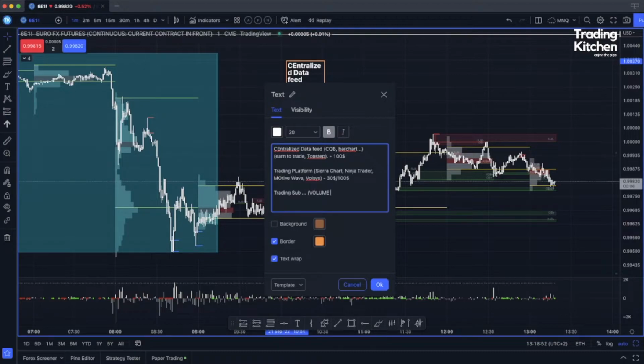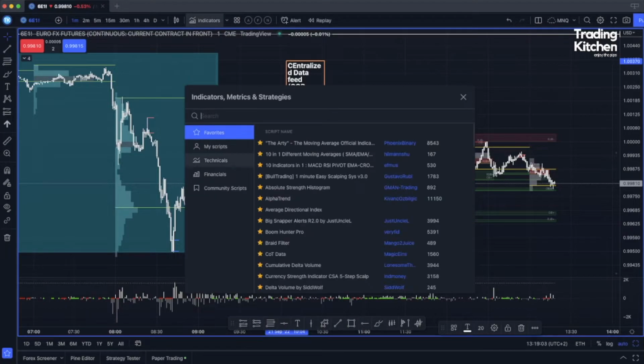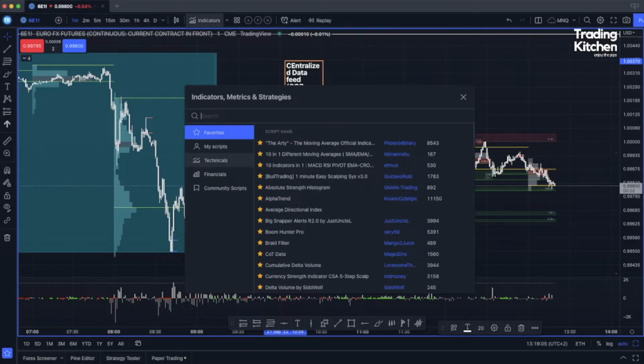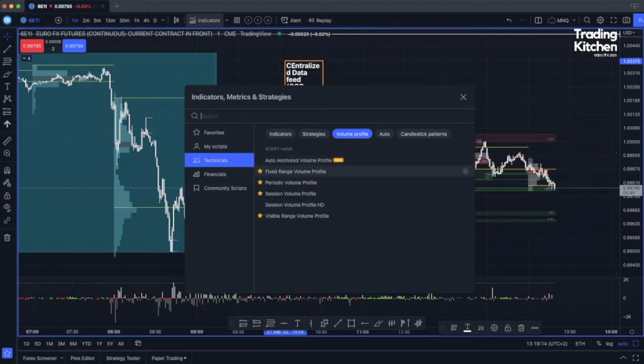So this one, sorry, the technicals here, all the volume profile here, all the indicators. These are very fundamental.